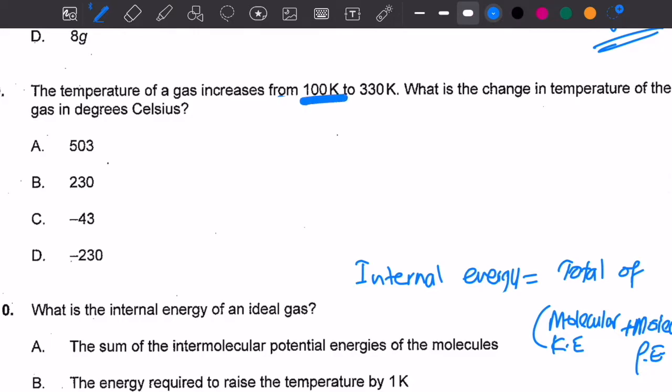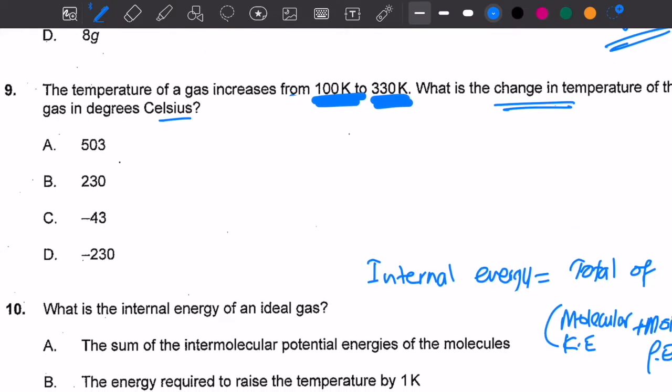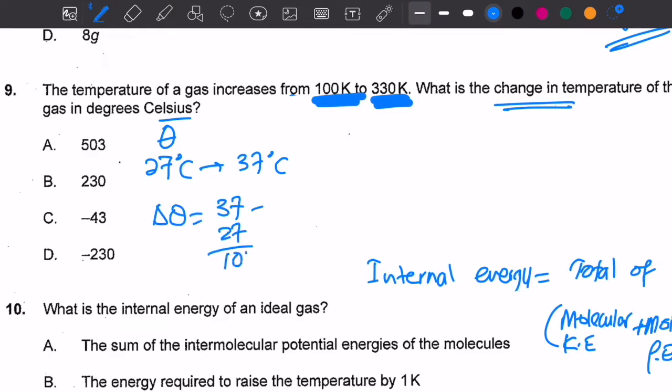The temperature changes from 100 to 330 Kelvin. They ask what's the change in temperature in Celsius. Let's take a small example. Let's think you change temperature from 27 Celsius to 37 Celsius, right? So change of temperature is 37 minus 27, 10 Celsius.